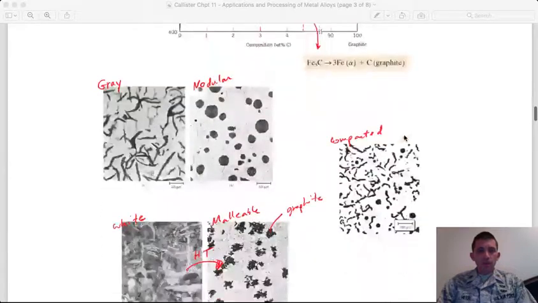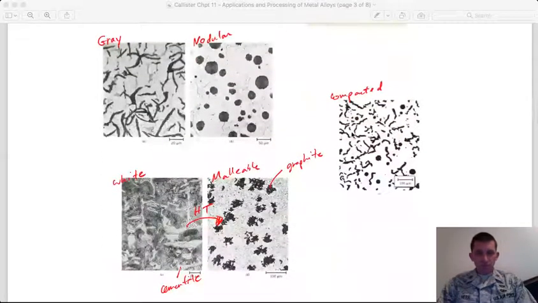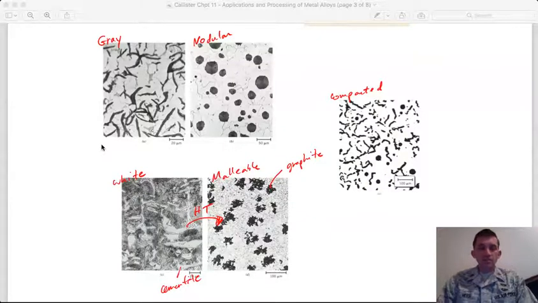Okay, and then before we go back up to the table, I'll just look at these microstructures. The various cast irons all have about 2.5 to 4% carbon, and depending on the other elements involved and the heat treatments, you can develop one of several different microstructures, and they have differences in strength and ductility.